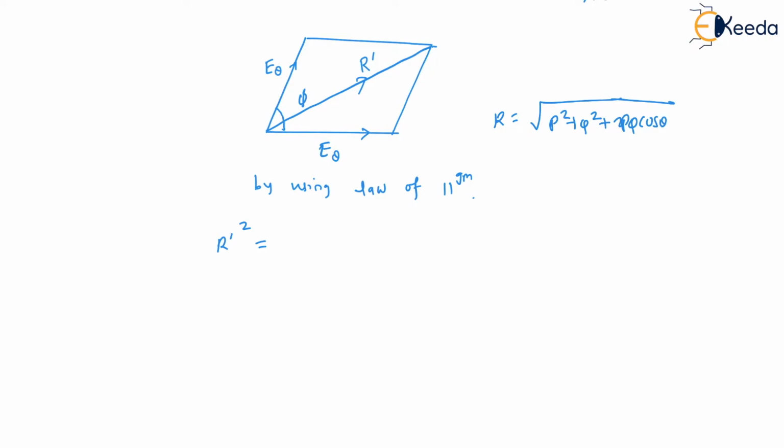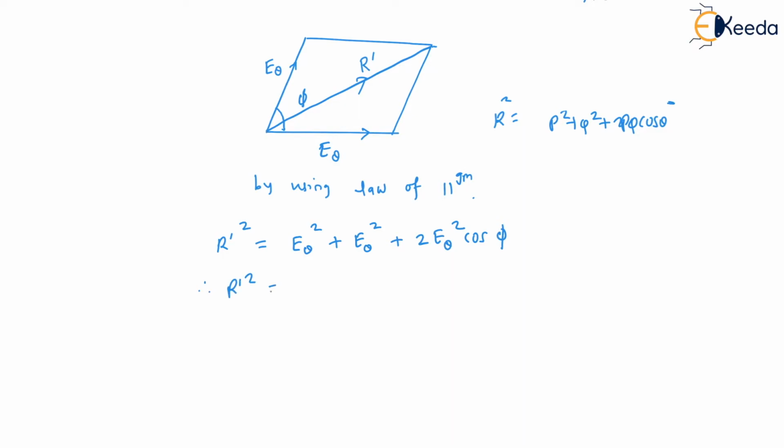If we take the square, there is no need for the square root: R square equals P square plus Q square plus 2PQ cos theta. So here R dash square is equal to E theta square plus E theta square plus 2PQ, where instead of cos theta it will be cos phi. Rather than writing PQ, we write E theta square.